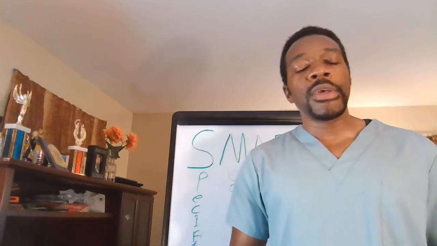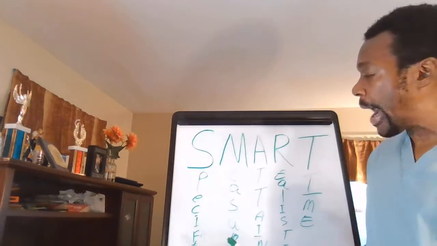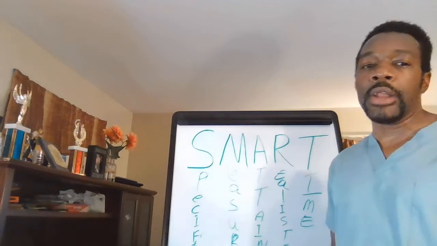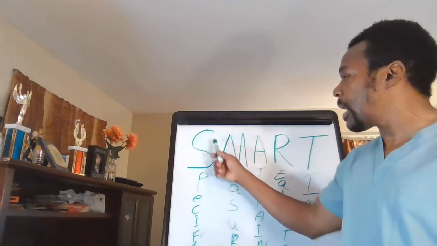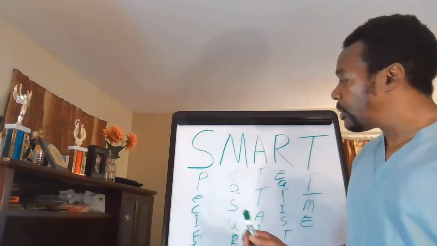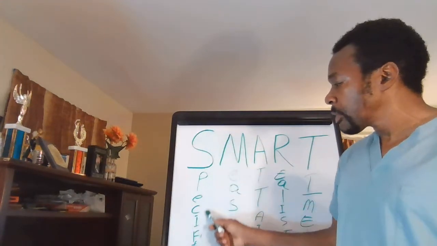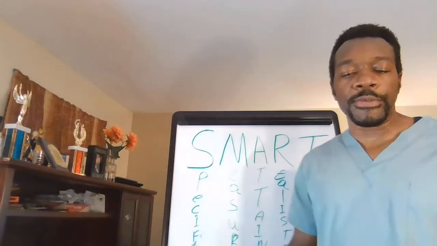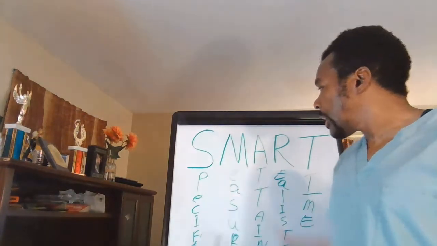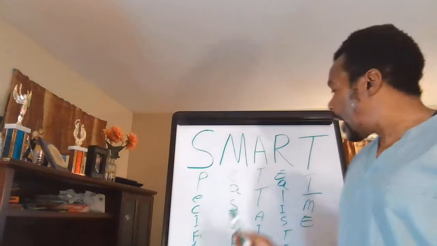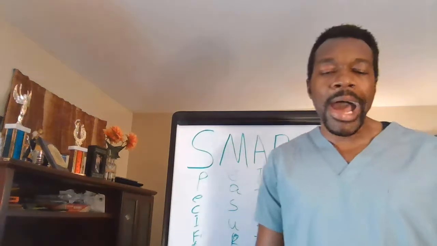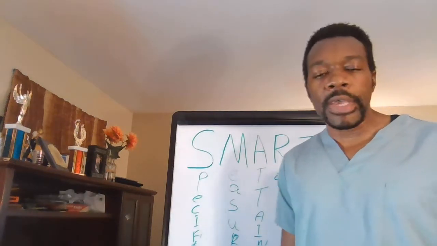When you write the goal, you write it specific to, for example, at the end of the workshop, at the end of 15 minutes, at the end of so and so, you will be able to do something. You want to be specific about what you're writing, and then measurable, and then attainable. You want to make sure it's realistic, and you want to make sure that it is really timely. So timing is in it.